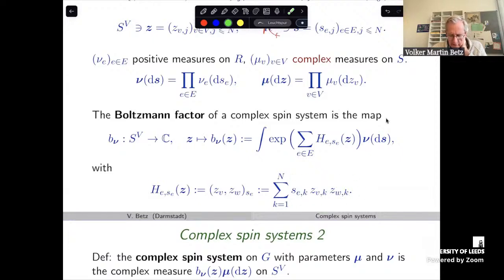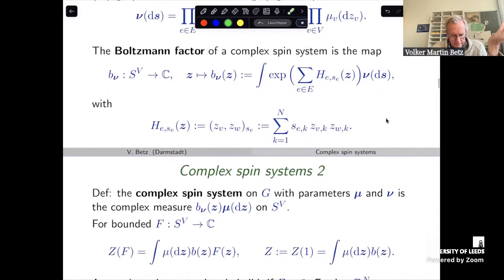Then I sum it over all edges, exponentiate it, and that gives me the energy. And since my interaction is still a measure, I integrate with respect to the interaction, and like in the usual spin systems, I would call this the Boltzmann factor. That's just something which assigns a number, actually a complex number, to each spin.